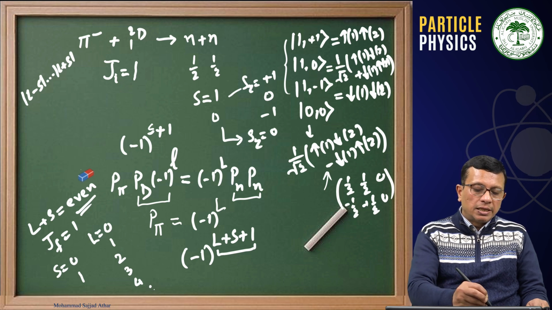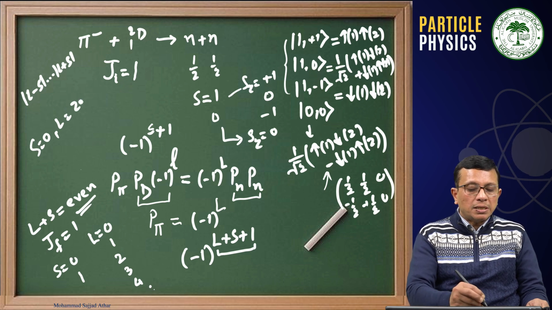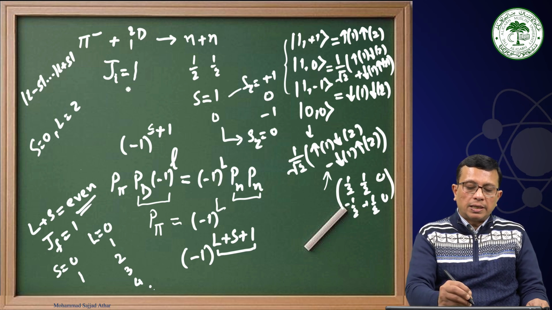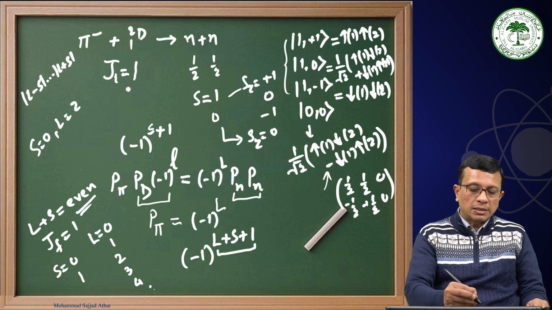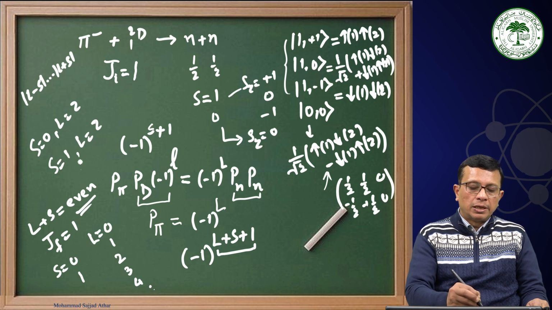Let us see the other choices. S is 0, L is 2. Now you see that L plus S is even, but Jf is 2, while we require Jf to be equal to 1. Therefore, this is not a choice. Let us take the other one. S is 1, L is 2. Now Jf will be from 2 minus 1 to 2 plus 1, that means 1, 2, 3.